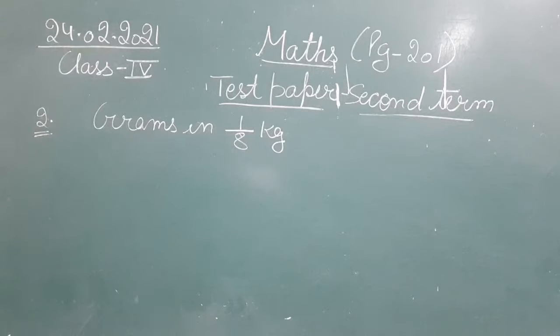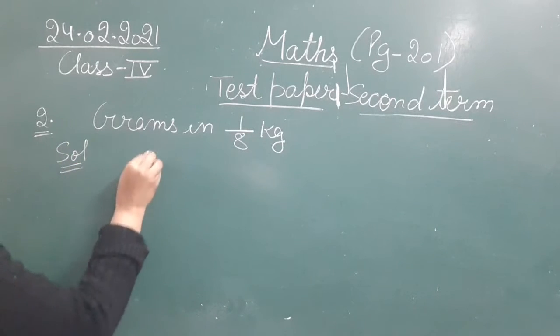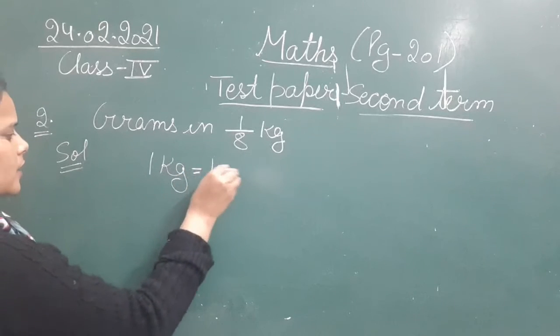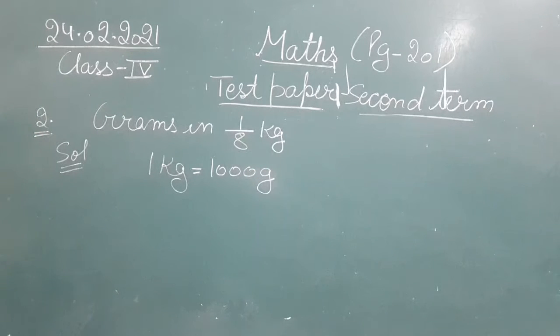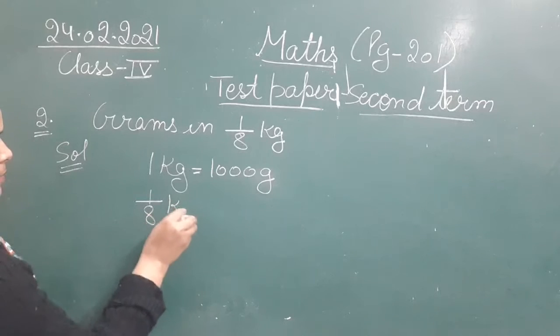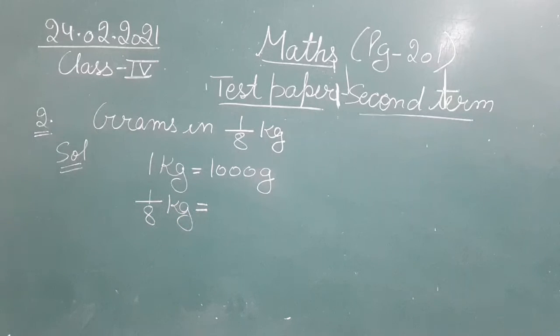Okay? So solution: 1 kg is equal to 1000 grams. So 1 upon 8 kg will be equal to क्या होगा?